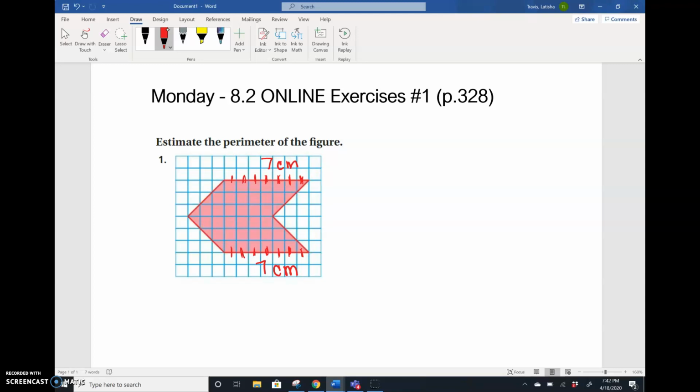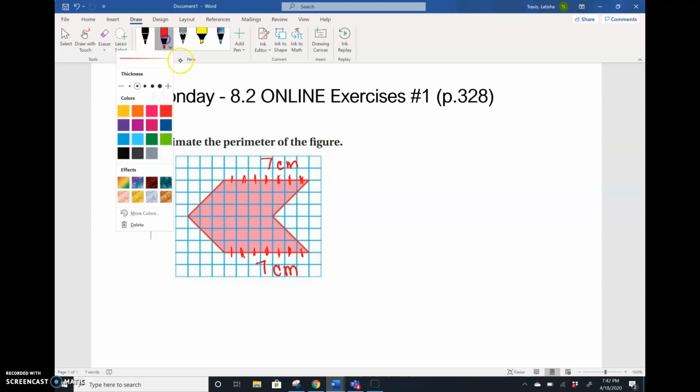Each diagonal that runs through one little square is equal to 1.5 centimeters. We'll count how many of these diagonal square lengths we have, and then multiply that by 1.5 because that's the length of each one.